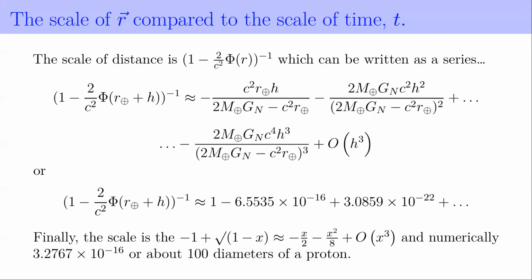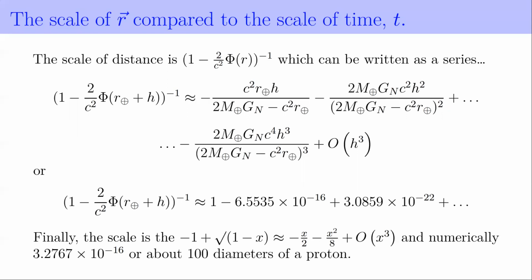So, going back to the Schwarzschild metric, the scale of distance, that is the 1 minus 2 over c squared phi of r to the minus 1, can be written as a series with a few terms.